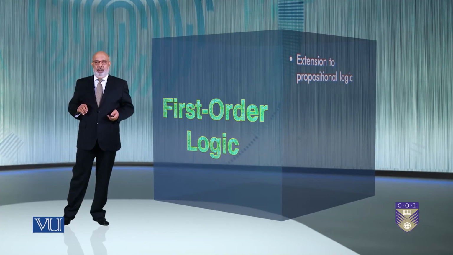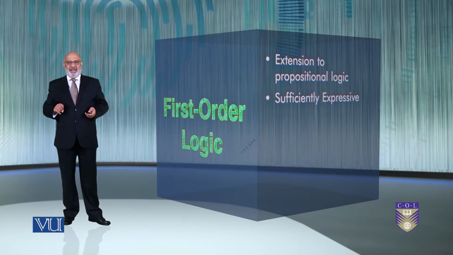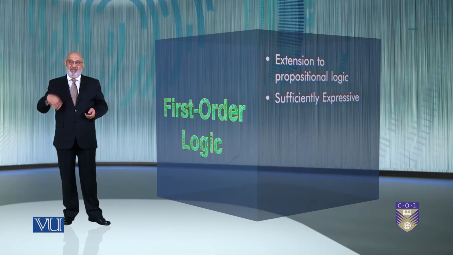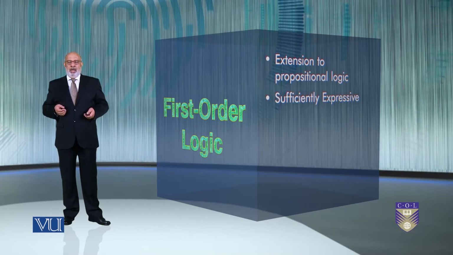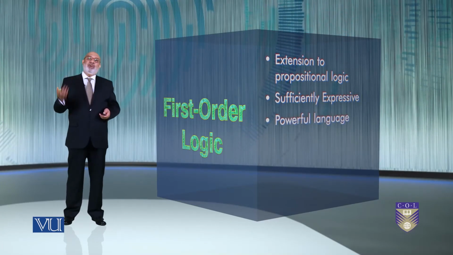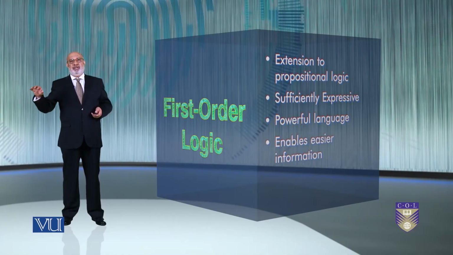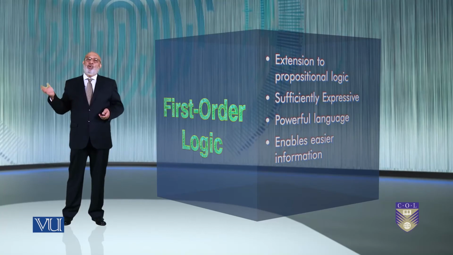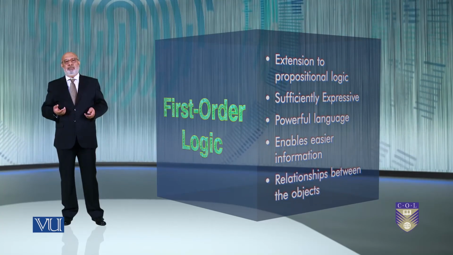That's where first order logic comes in. That's another representation, okay, which is sufficiently expressive and an extension of propositional logic. It's a powerful language that enables easier information representation about objects, and we can also represent relationships between these objects.